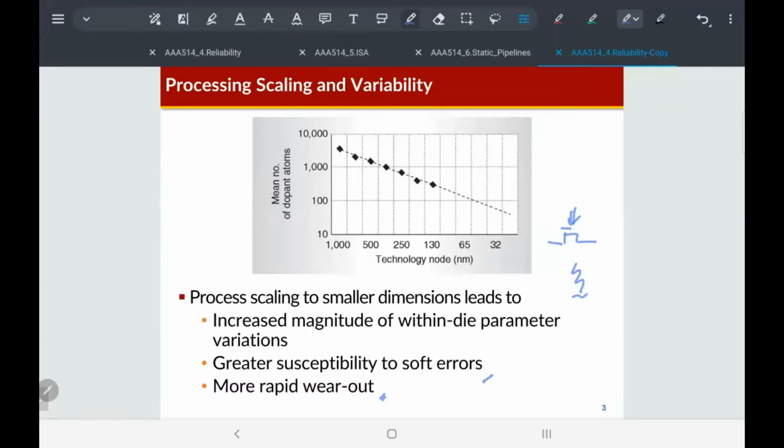Then we can also think about the reliability issues in memory devices. Memory devices store our digital data. Think of DRAM.